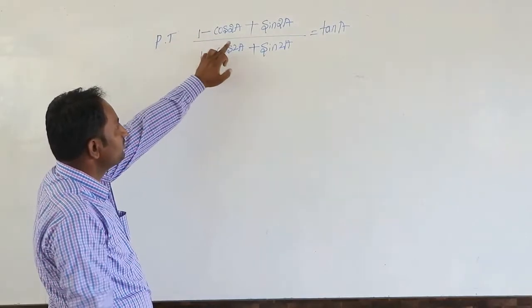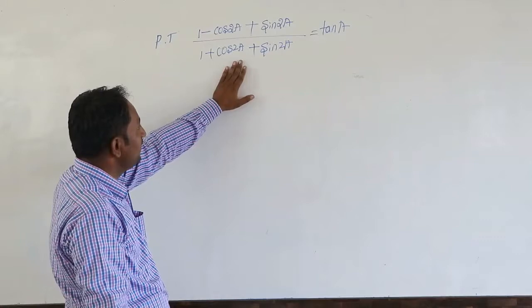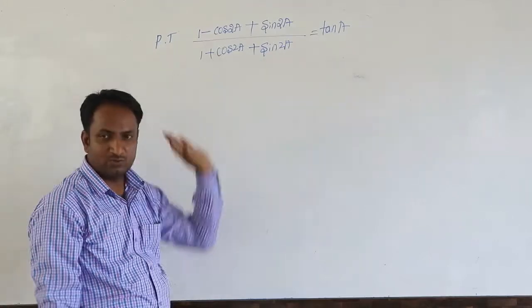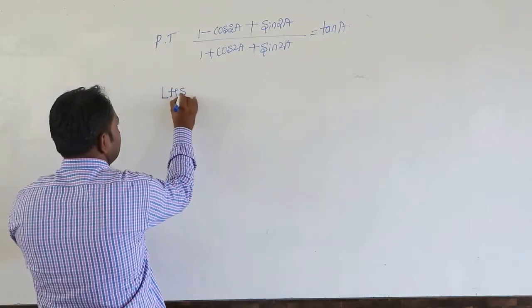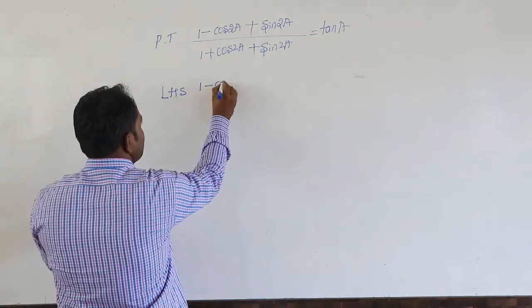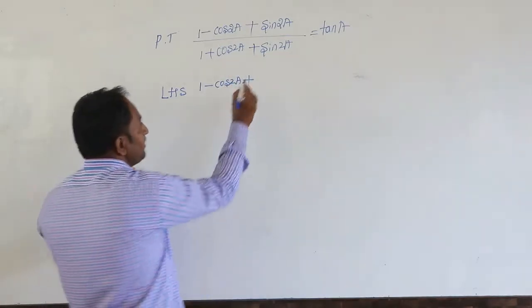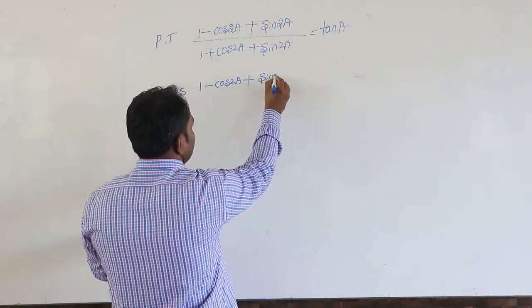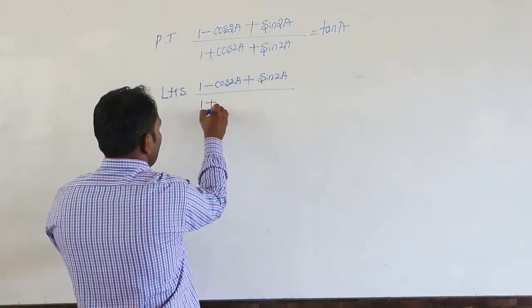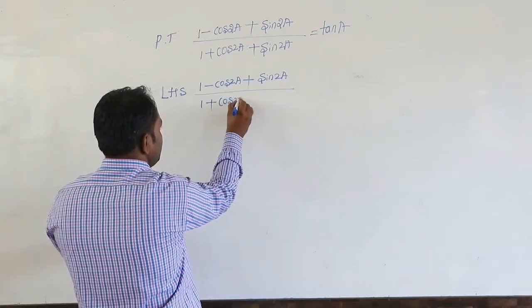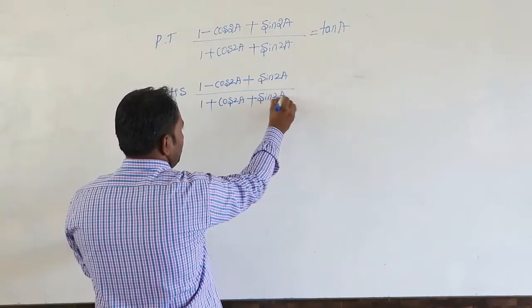1 minus cos 2a plus sin 2a divided by 1 plus cos 2a plus sin 2a is equal to tan a. Consider the LHS part. 1 minus cos 2a plus sin 2a divided by 1 plus cos 2a plus sin of 2a.